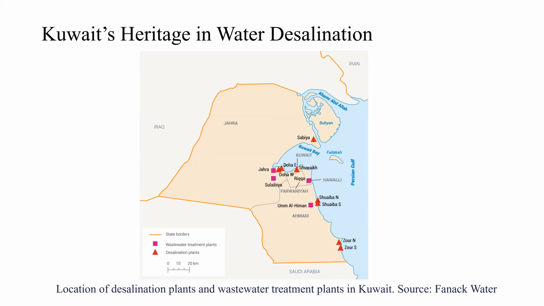Now in Kuwait, we have 8 desalination plants, all of them located around the coast. If you see the red triangles, these are desalination plants. And you can see the wastewater treatment plants are nearby.